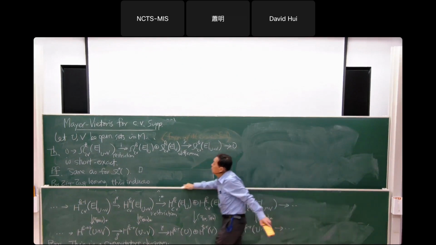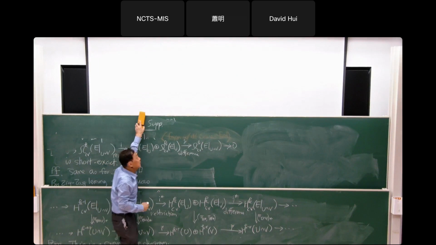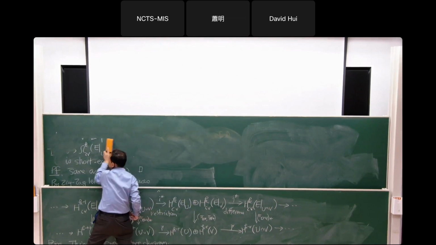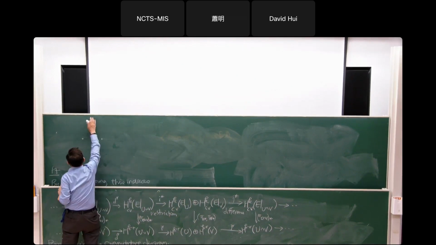So we need this theorem that a vector bundle over a contractible space is trivial. Trivial means it's isomorphic to a product.